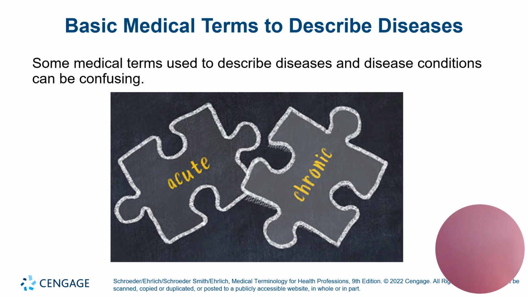This condition has a rapid onset, a severe course, and is usually a relatively short duration. But when we compare that to chronic, the condition is of a long duration. So take a look at some of those confusing terms.